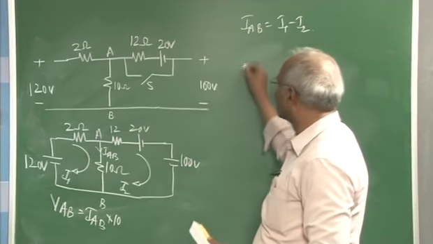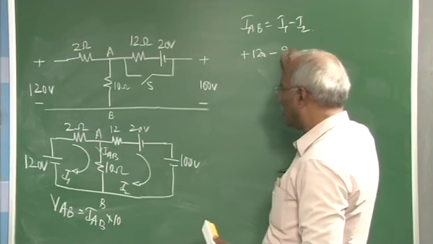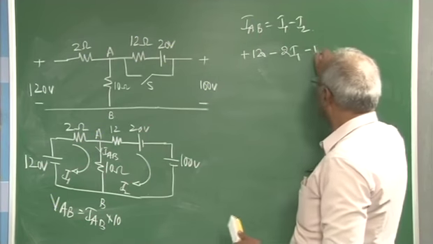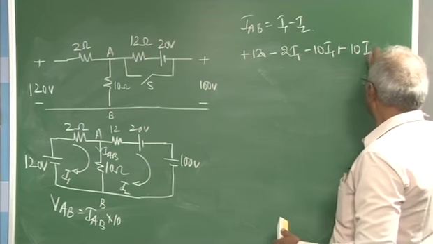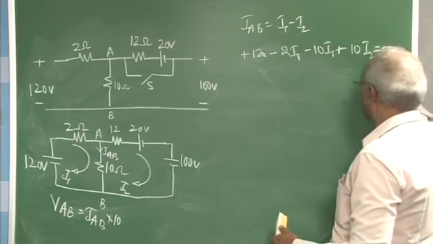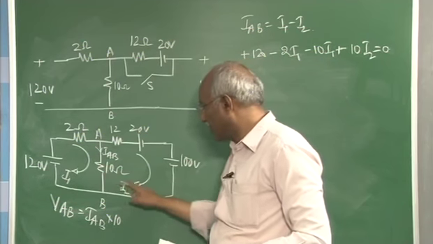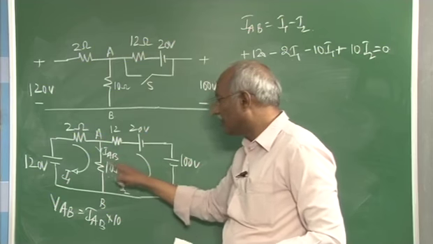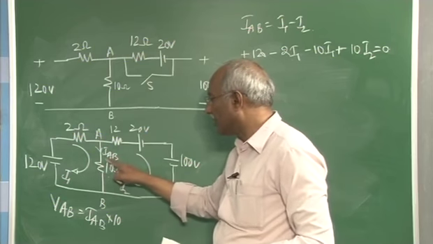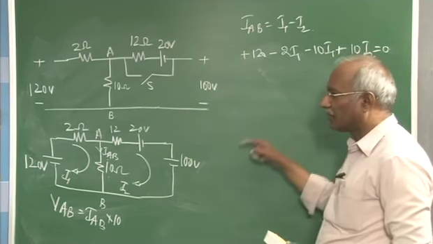For this loop, it is plus 120 minus 2I1 minus 10I1 plus 10I2 equal to 0. This is minus to plus, plus to minus, plus to minus. When it comes to this, so sorry, this is plus to minus. Thereby, I am going against that one. Minus to plus means it is nothing but plus. This is the first equation.